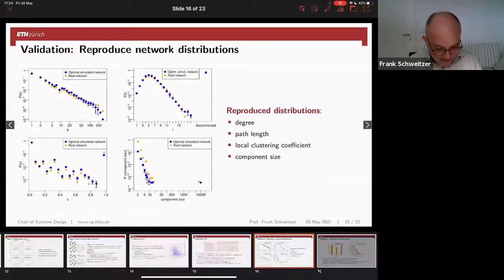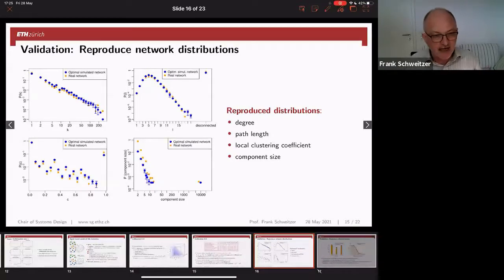So we see 4 plots here that characterize the networks in different dimensions. And the remarkable thing is that in all of these cases, the yellow dots and the blue dots are very close to one another. That means we have a model that is very well able to reproduce empirical findings.